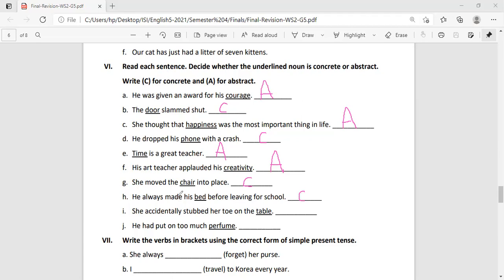I. She accidentally stubbed her toe on the table. Table. That's right. Last one. He had put too much perfume. Concrete. Can we move now?